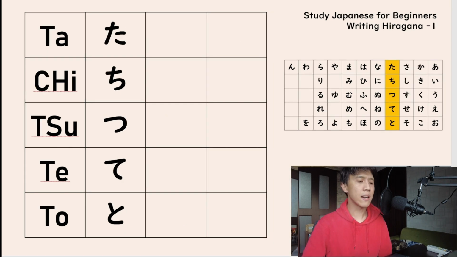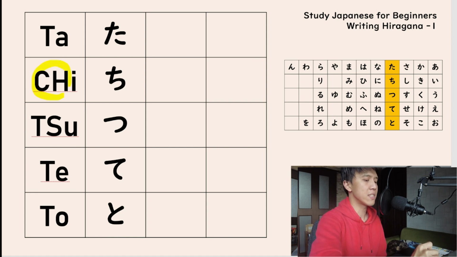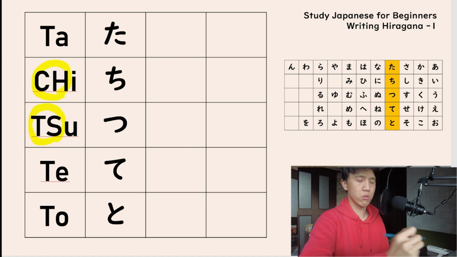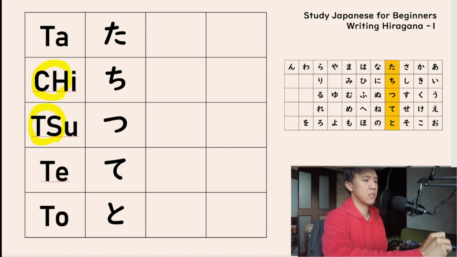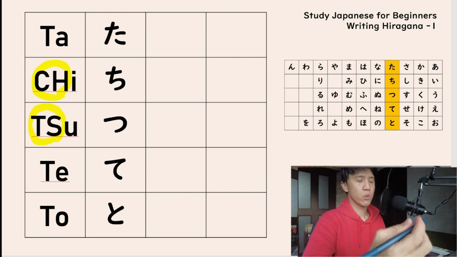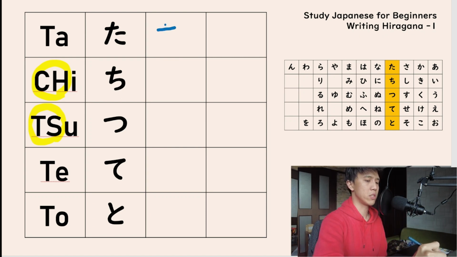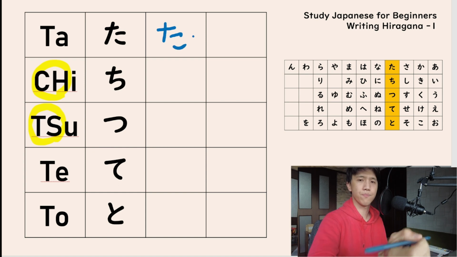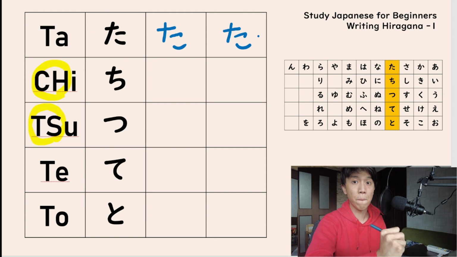Okay, next one is ta, chi, tsu, te, to. This one is also tricky, so it's not ta, ti, tu, te, to, but it's ta, chi, tsu, te, to. So we start with ta. 1, 2, 3, 4. Got ta.